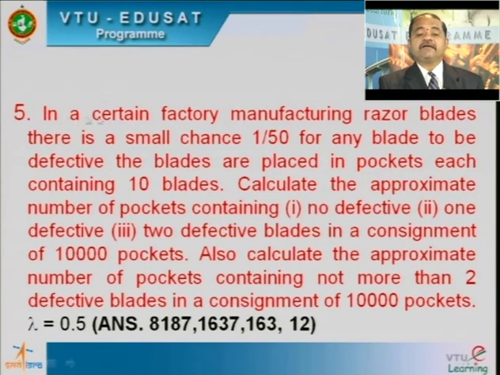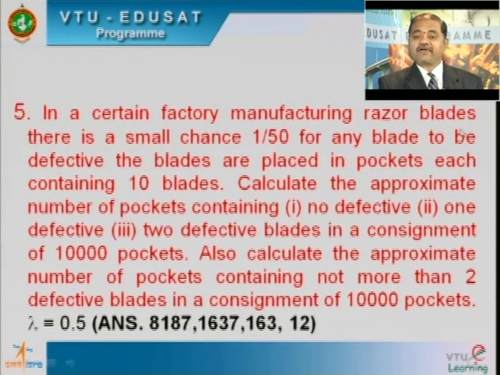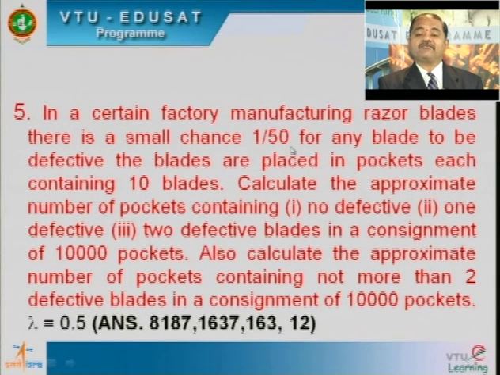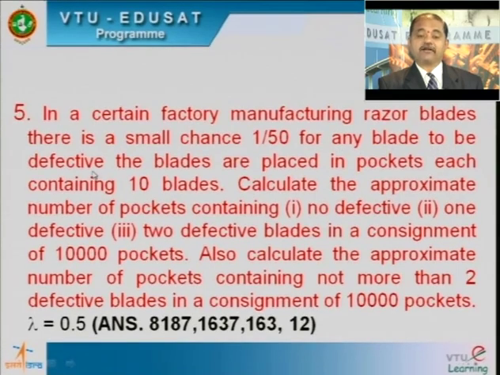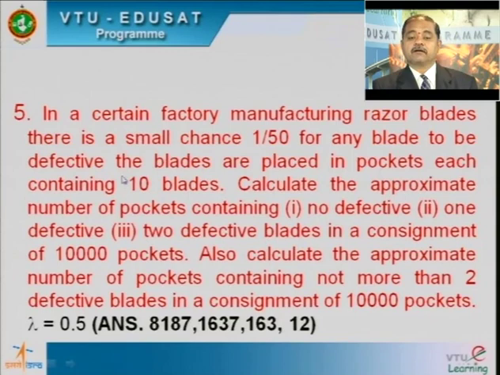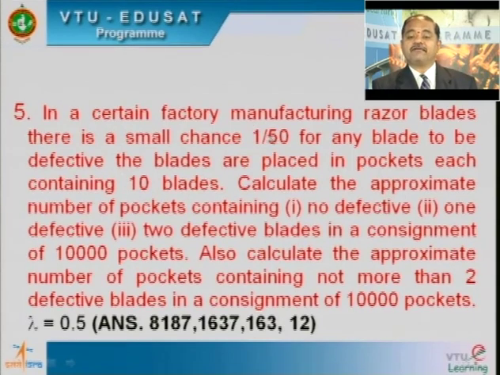See this, in a certain factory manufacturing razor blades, important university question, there is a small chance, 1 by 50, for any blade to be defective. The blades are placed in pockets each containing 10 blades. So, my n is 10, probability is 1 by 50.